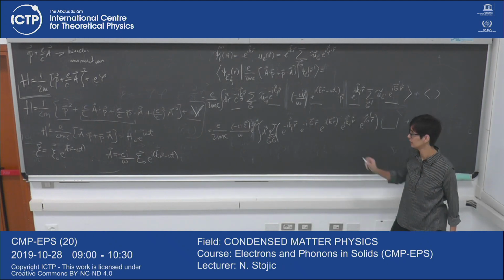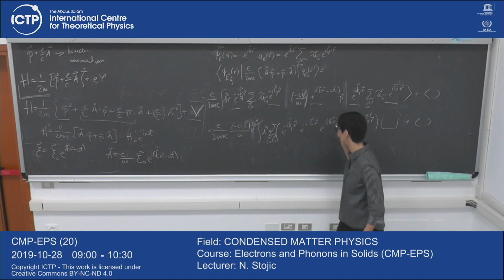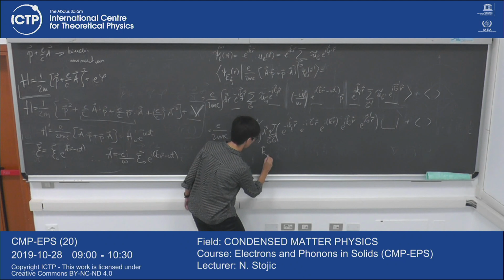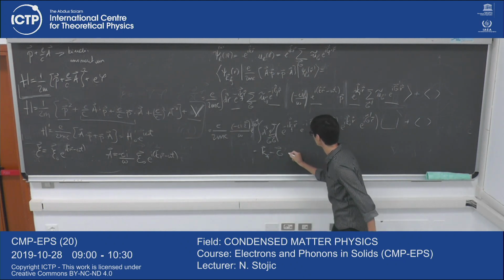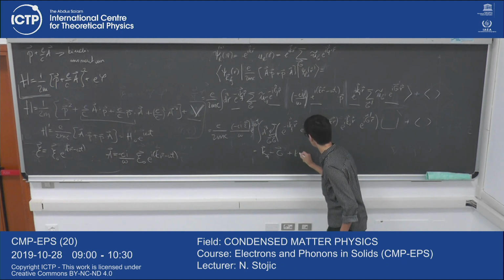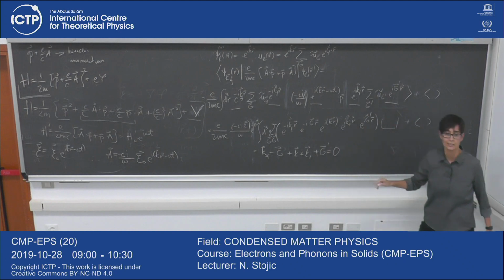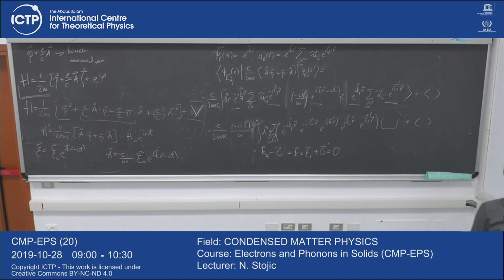Let's write it like this: k final minus G plus k plus k initial plus G prime has to be 0, for this whole integral to be non-zero.